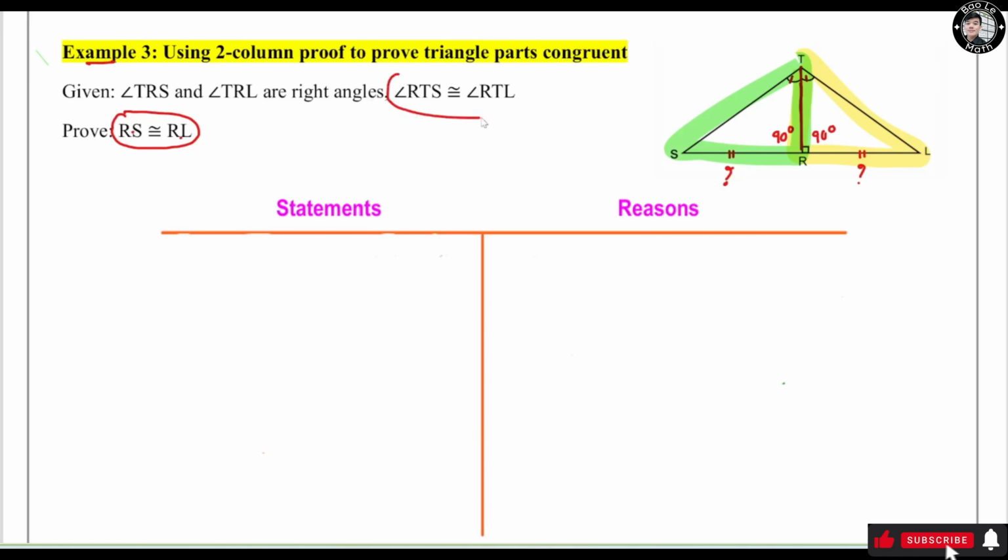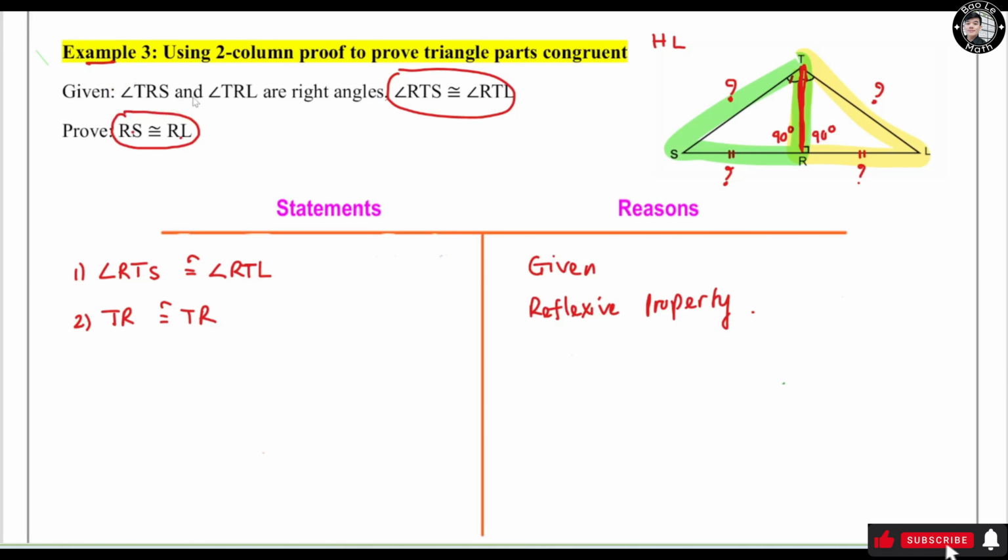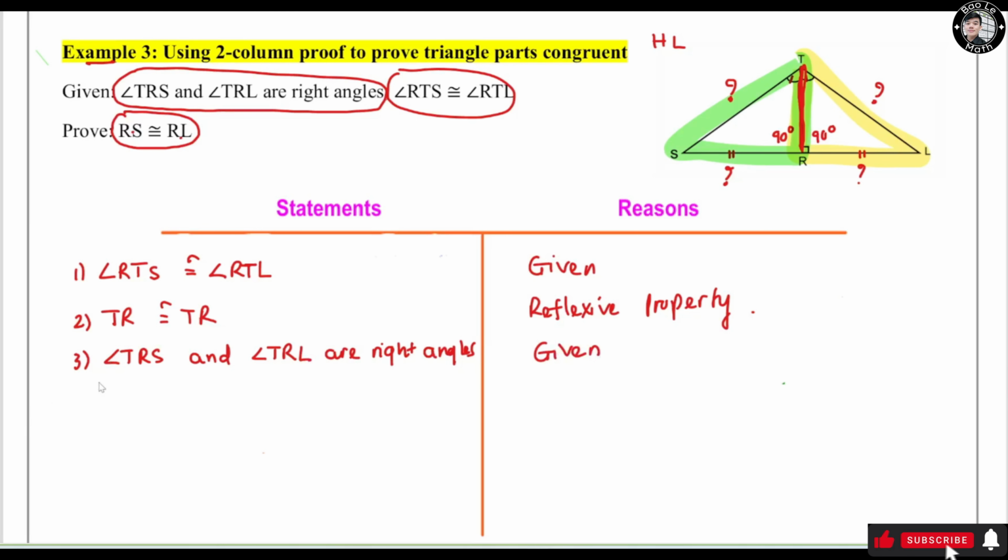We're going to start with the given. Note that in this situation we cannot use the HL theorem. Why? Because we don't know if ST is congruent to TL. So we're going to use another theorem called the ASA theorem. Now observe that TR is congruent to TR by the reflexive property. Given that these two angles are right angles, we can conclude that this angle is congruent to this angle by the definition of right angles.